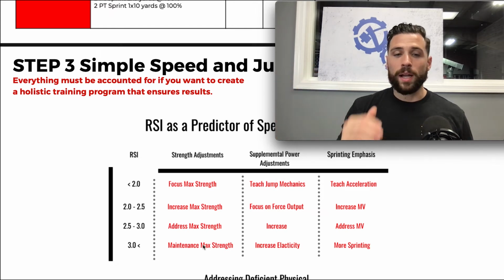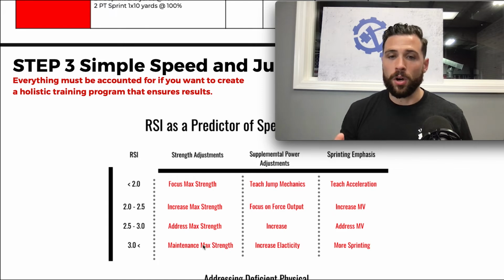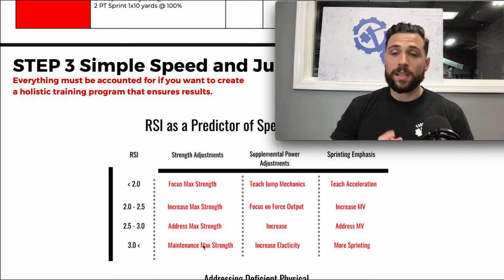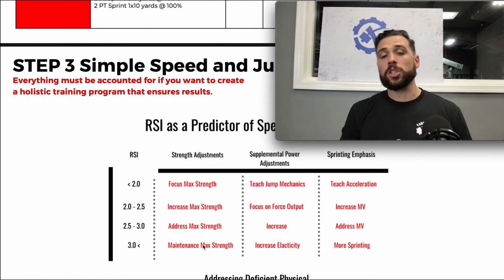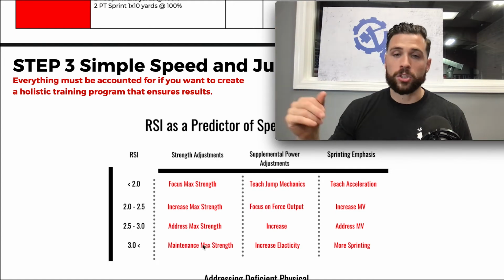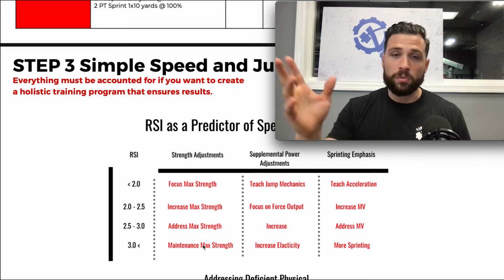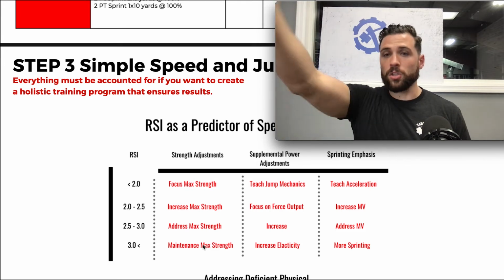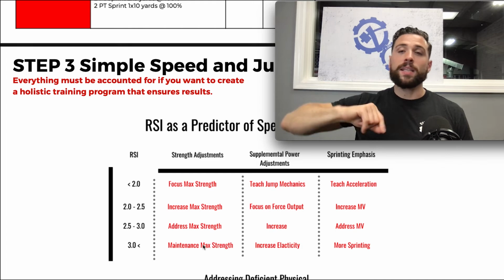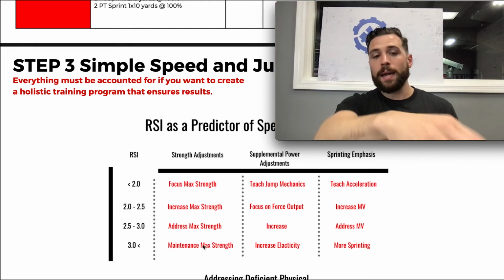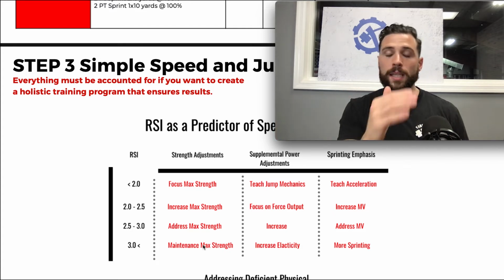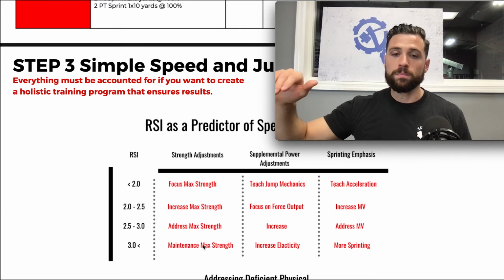But now when I get to 2.5 and 3.0 for power, I'm trying to increase my absolute intensive power capabilities. So this is where I'm going for max box jumps. This is where I'm going for max vertical jumps, max single hurdle jumps, because I'm trying to improve my absolute power capability to get my power to the next level, or to get my RSI to the next level.